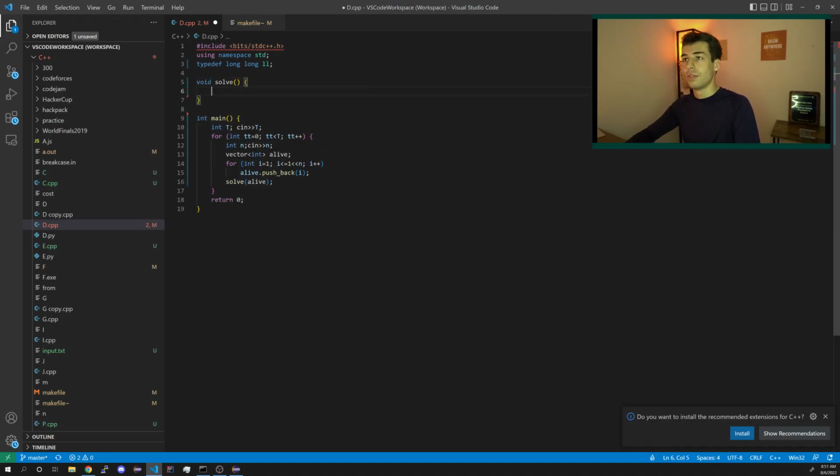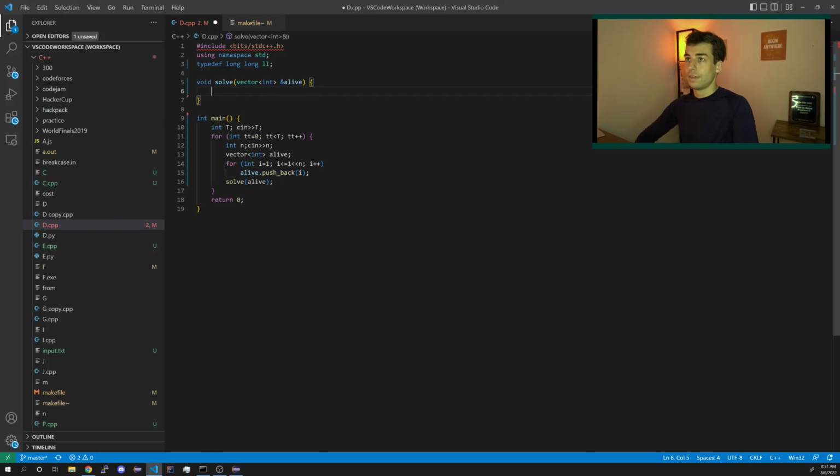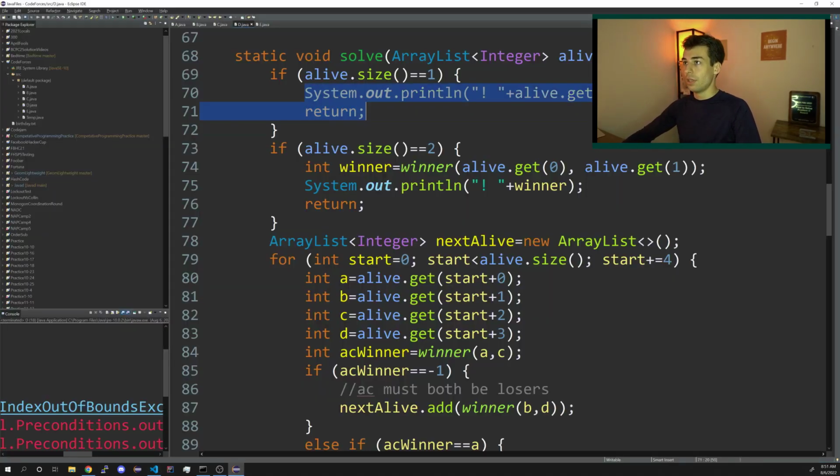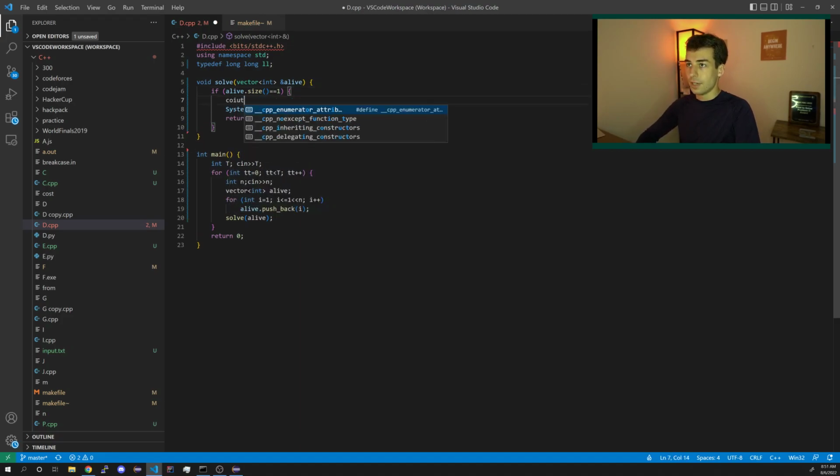Okay, so then we need void solve. So take in a vector int alive. Okay. If alive dot size equals 1, we do this. Cout exclamation point and then alive 0, and then endl.